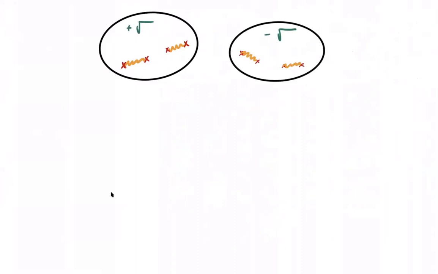And actually I need 2 of these copies, one complex x plane for the positive square root and one for the negative square root, because to one value of x, I can associate 2 values of y. And how are they related? They're not completely independent.